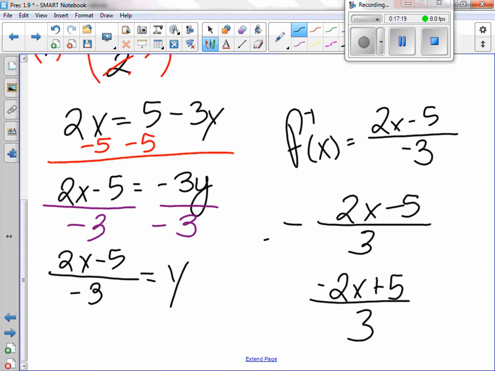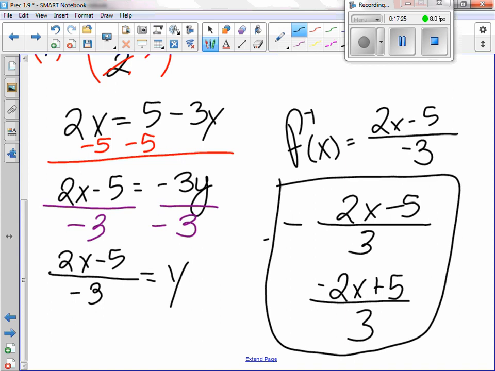It's just how you want to leave the negative. Most textbooks are going to stick with one of these two here. They don't like leaving a negative in the denominator. Don't know the reason why, but they just don't. They like moving it out front or moving it up top. One of the two. I stick with this method here because it's a little bit neater to figure out where the negative's at.